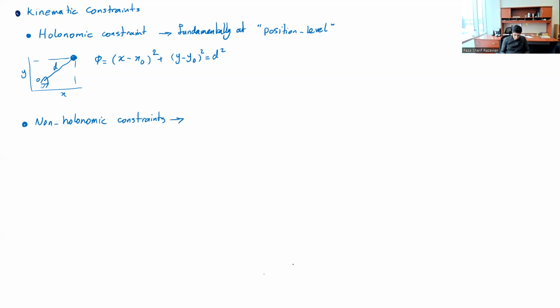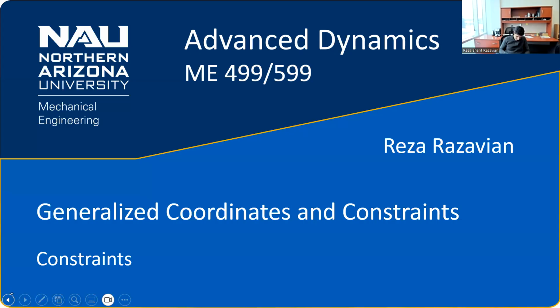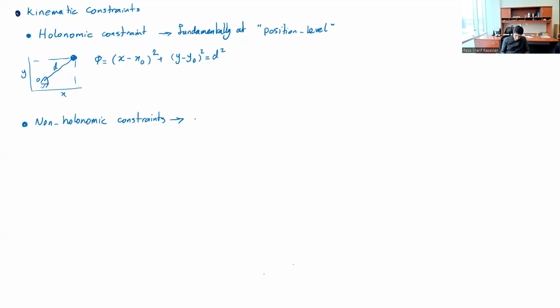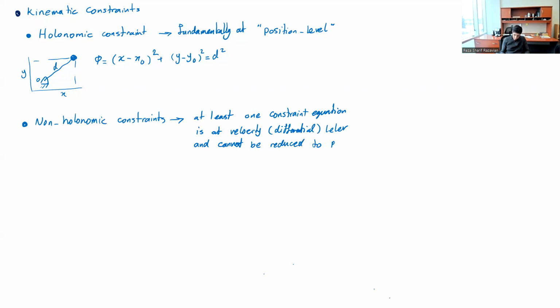So these constraints are those that have at least one constraint, or at least one equation in the constraint equation, or fundamentally the constraint itself, at velocity or differential level and cannot be reduced to position level.